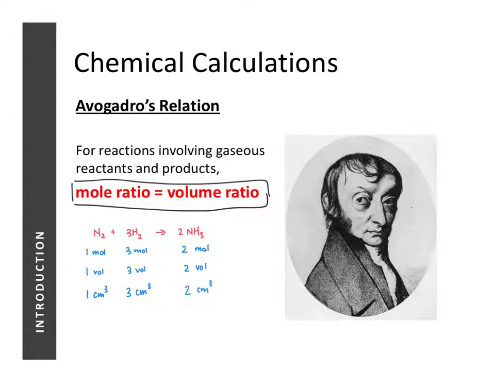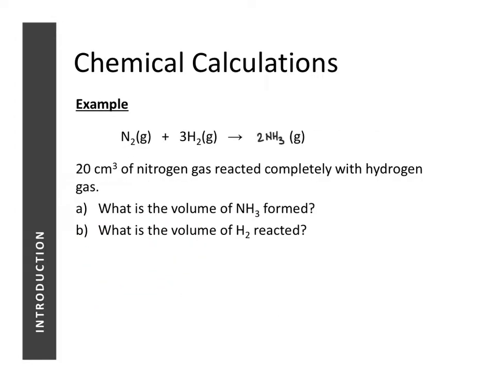problem very quickly. So back to this example, I have 20 centimeter cube of nitrogen reacting with hydrogen to form ammonia. They are all gases. We have now learned that the mole ratio, that means 1, 3 and 2, is also equivalent to the ratio of the volumes.